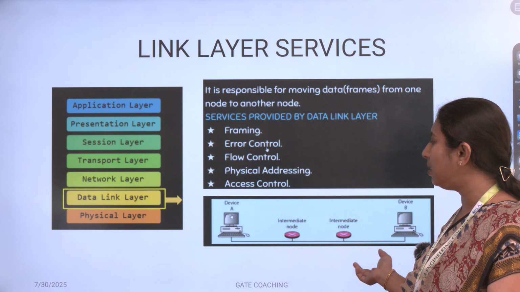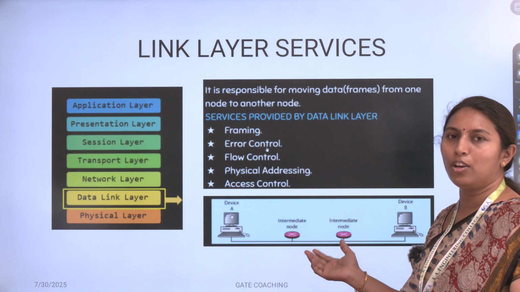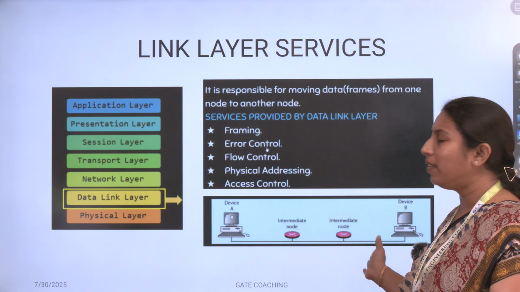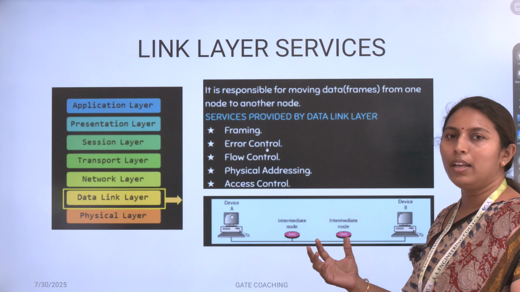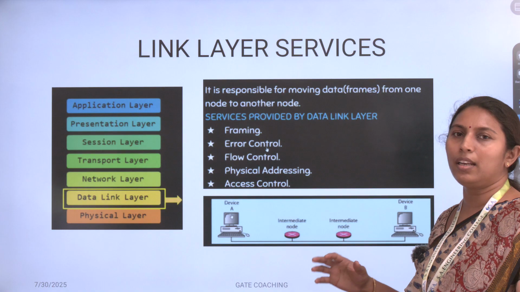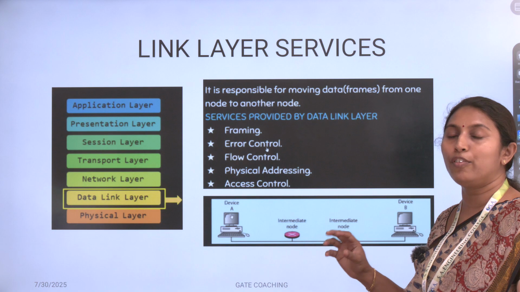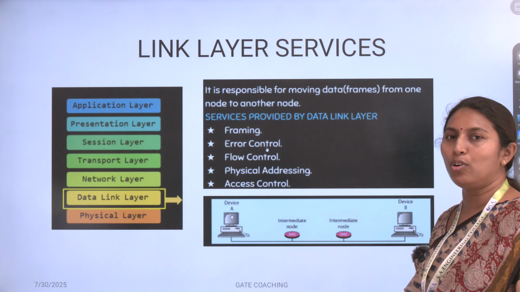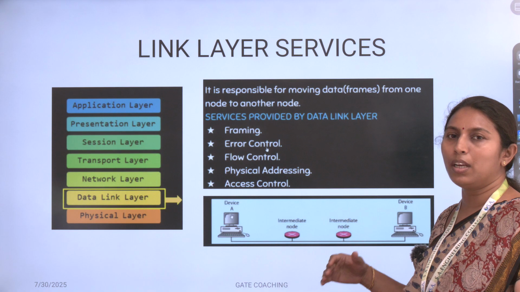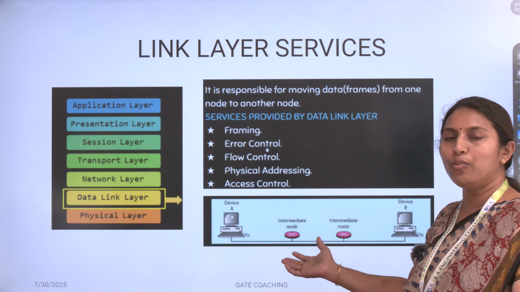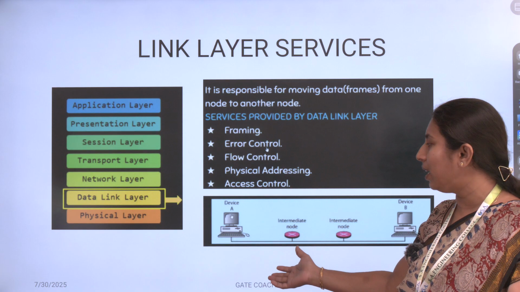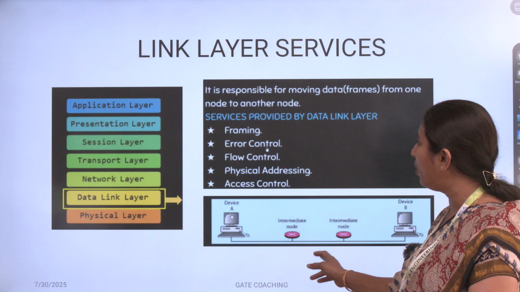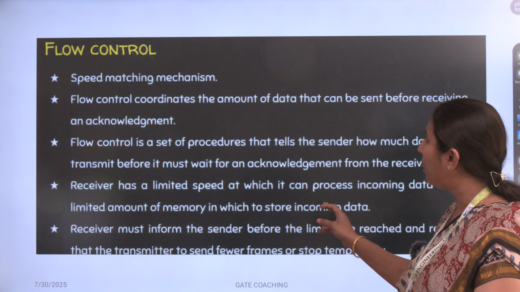The sender and the receiver will not be communicating at the same pace. The receiver can process only a few things at a time, whereas the sender can transfer many things at a time. So the flow should be controlled while moving the data from one device to another. That is what we are going to see in this topic of flow control.